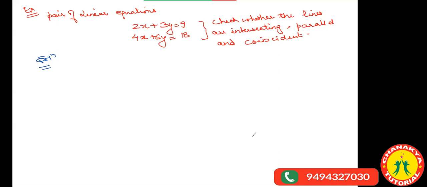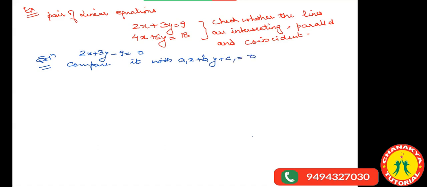Okay. So first of all, you will write this equation in standard form like this: 2x plus 3y minus 9 is equal to 0. Now compare it with a1x plus b1y plus c1 is equal to 0.